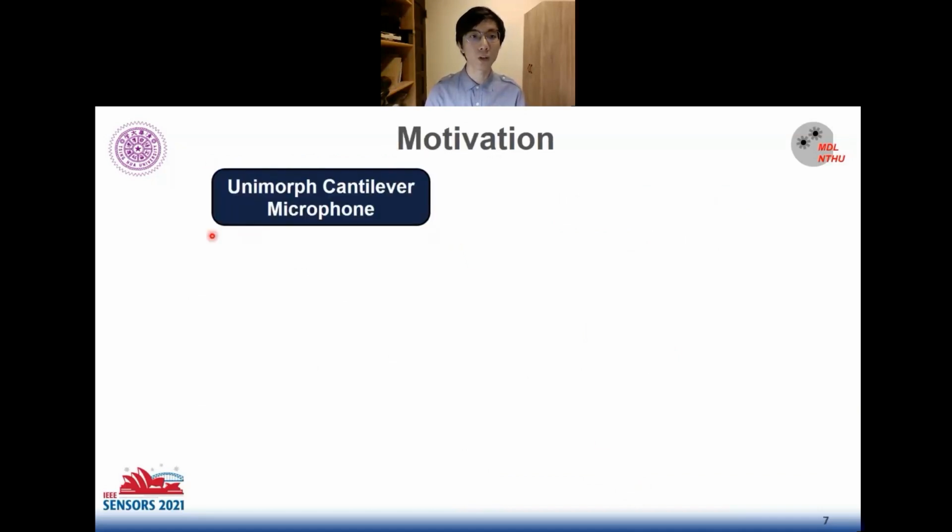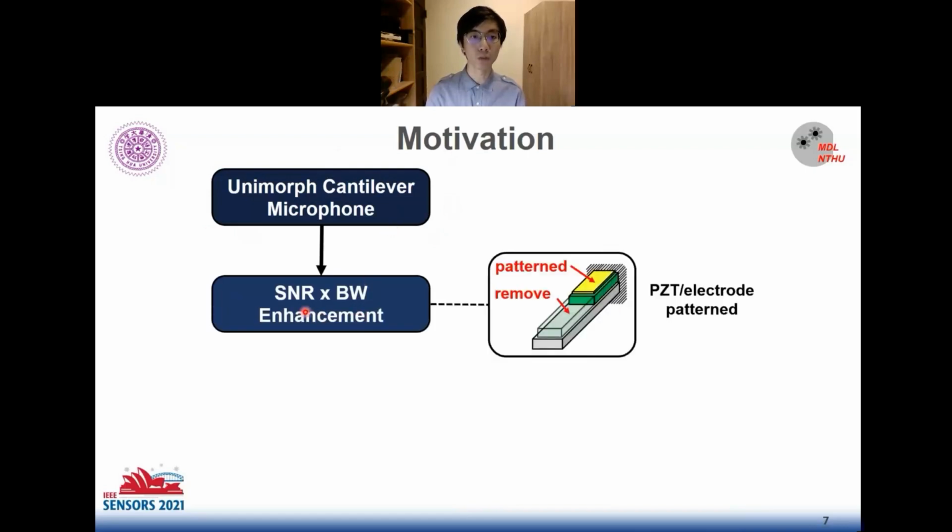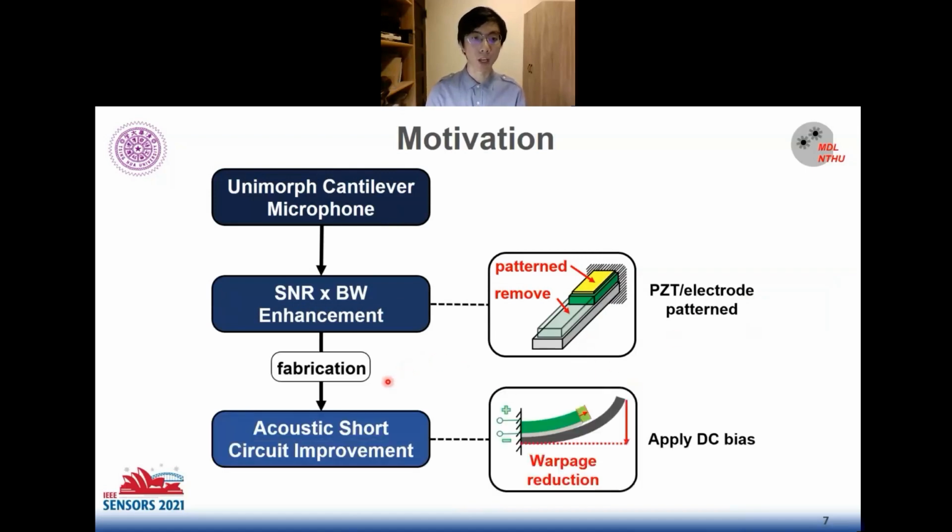So this study starts from the unimorph cantilever microphone and try to improve the signal-to-noise ratio and bandwidth by PZT and electrode pattern of the unimorph cantilever microphone. And after fabrication, this study proposed an easy way to improve acoustic short circuit effect by applying DC bias on the piezoelectric material to suppress the stress-induced warpage.